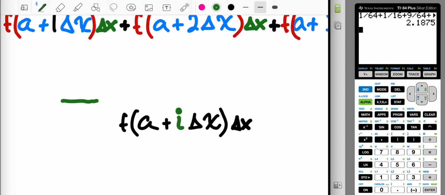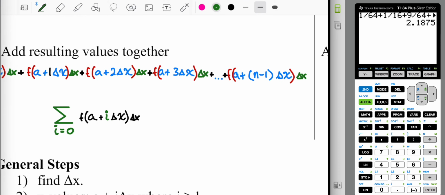And have the summation go from i equals 0, because that's our first substitution, because again, everything else remains the same. And the last substitution here, the last thing that i becomes in the sequence, is n minus 1. And so we would have that summation rule to help us find the total area under the curve. And specifically by under the curve, I mean between the curve and the x-axis.